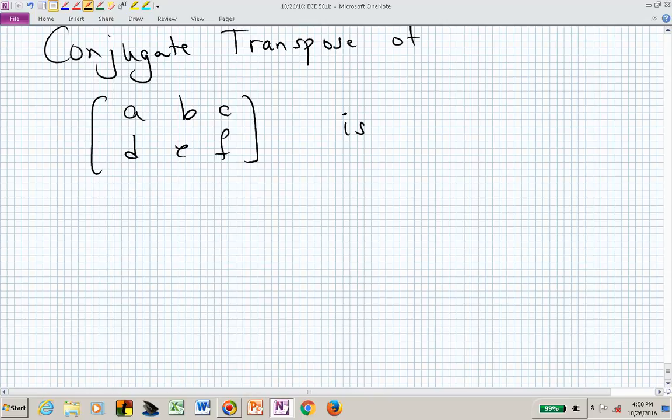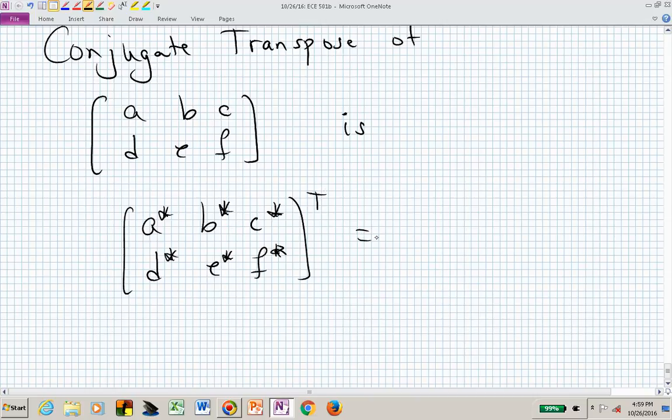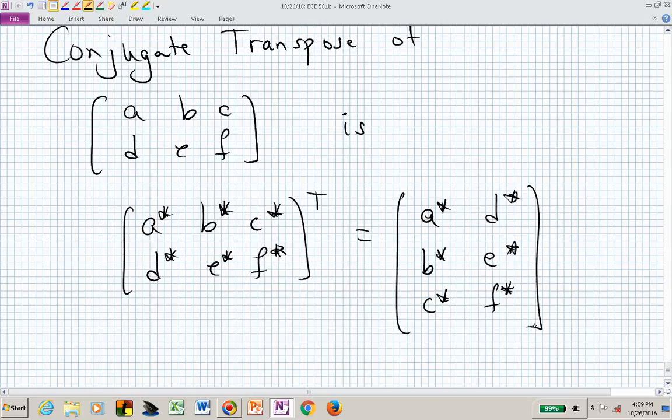Well, we just have to follow what we said it is. It's the conjugate transpose. So let's conjugate each scalar individually. We would say A, B, C, D, E, F, and we would conjugate those. That's the first part, the conjugate, and then we would transpose it. So that now we end up with A, B, C, D, E, F, and all of those are conjugated. That's now the conjugate transpose of a matrix that's 2 by 3.